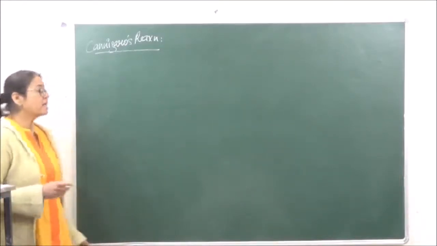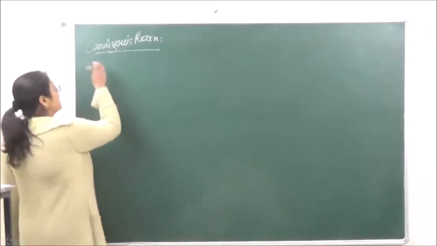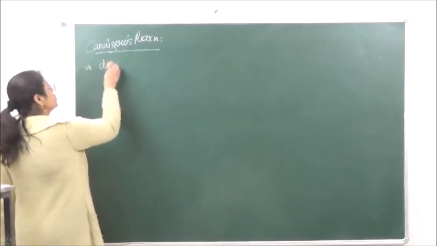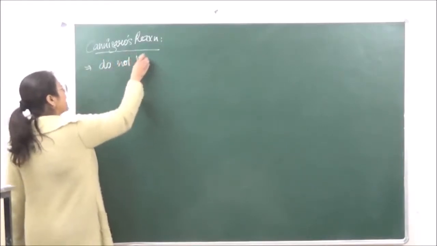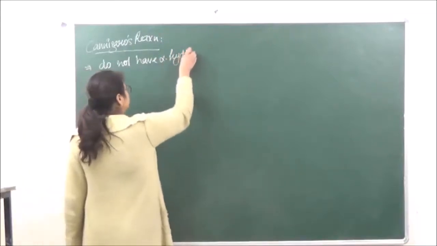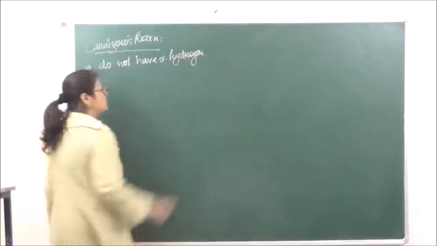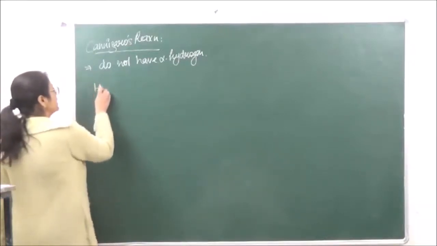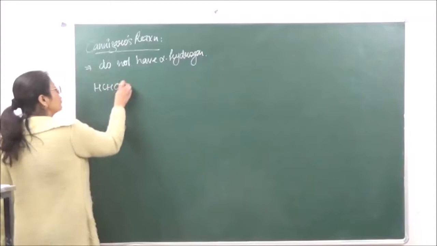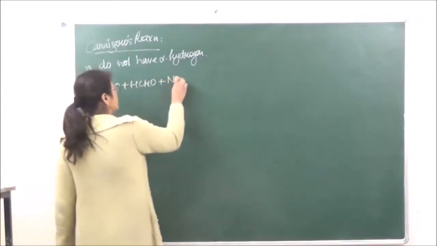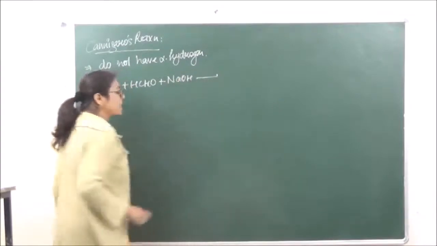So let's write down, for those compounds which do not have alpha hydrogen, if we have HCHO, this is going to react with an alkali. We are reacting it with NaOH.